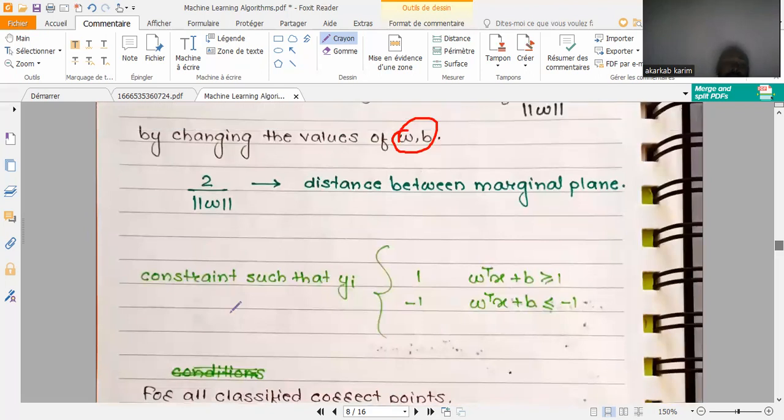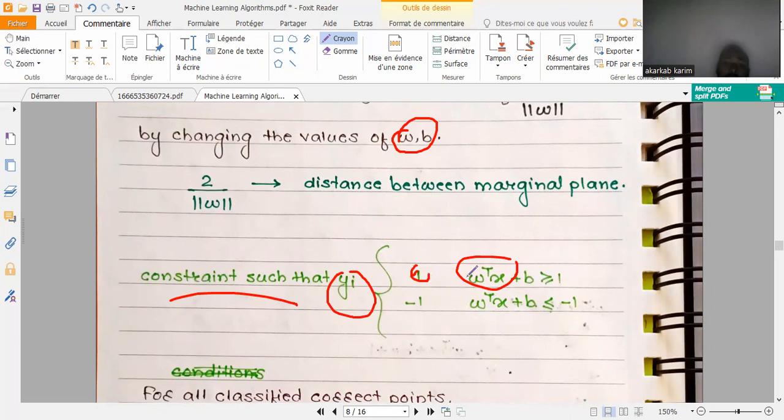Well, so we have this constant. Y is equal to 1 if we have W transpose X plus B greater or equal to 1. Here is the input, and here the output.